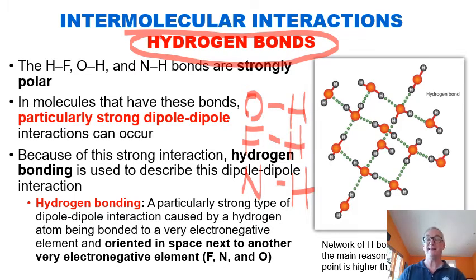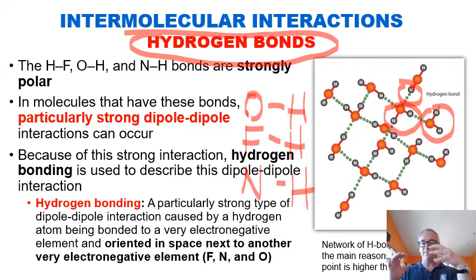What happens with these interactions is that these hydrogens in the middle act as a bridge between two very electronegative elements. In water, there's a single water molecule there, another single water molecule there, and you will see that the hydrogen makes a bridge between these two highly electronegative elements, with the poor little hydrogen stuck in the middle.